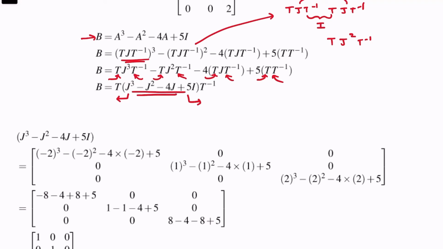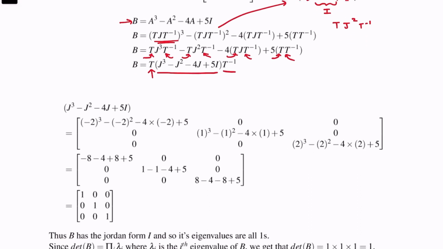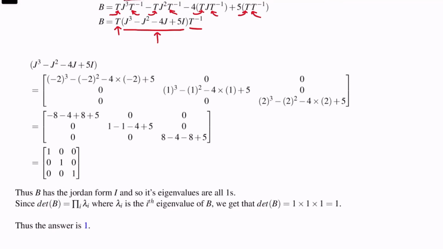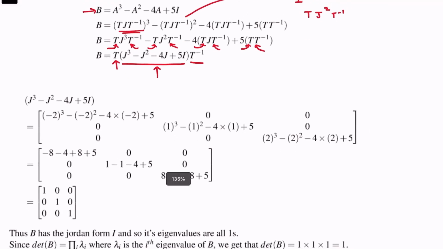And this is what you will get as the Jordan form for B. So B is T times some matrix times T inverse, and this will serve as the Jordan form representation for B. And of course, since J is a diagonal matrix, it's very easy to take the powers of J and evaluate this expression on J.